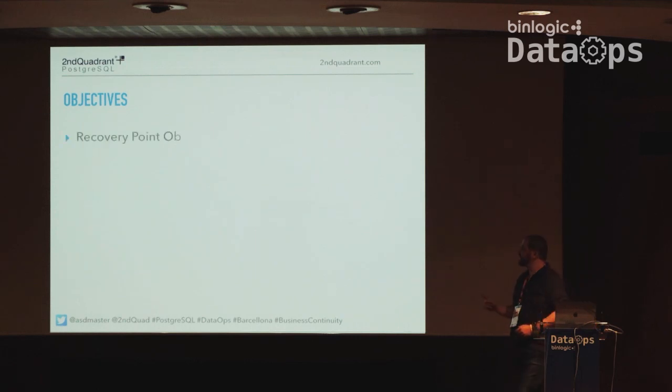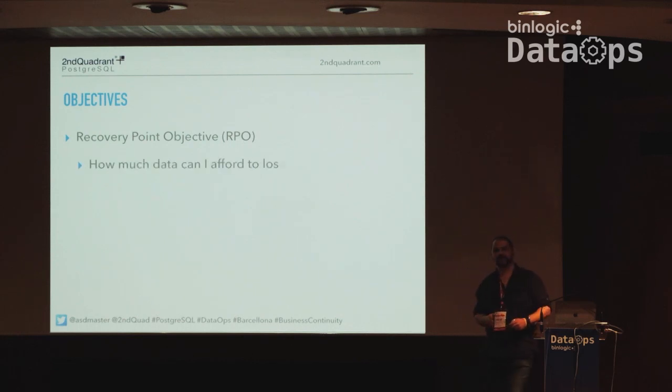The first one is the recovery point objective, okay? And this means how much data we can afford to lose in case of a disaster. That could be 0, okay? But there are situations when we can afford to lose something, okay? And this is one metric that you have to take into consideration when you think about business continuity, okay?